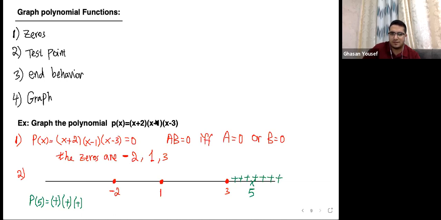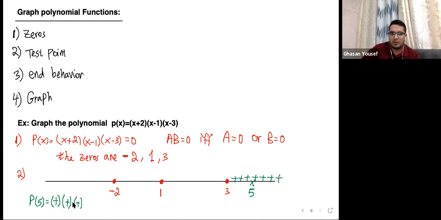For the second parenthesis, 5 minus 1 is 4. What is the sign of the 4? Again, positive. And 5 minus 3 is 2. It's again positive.